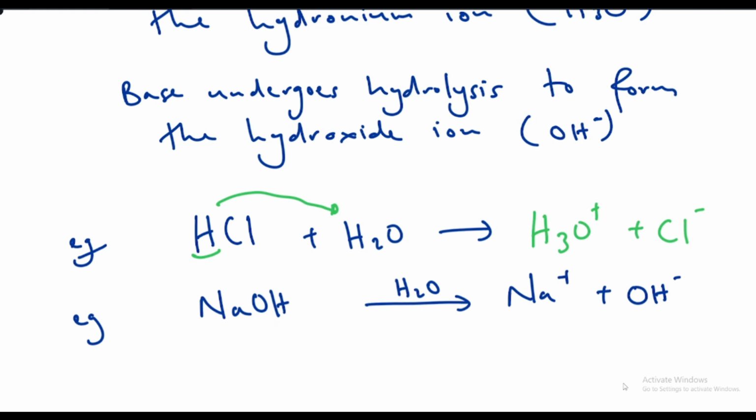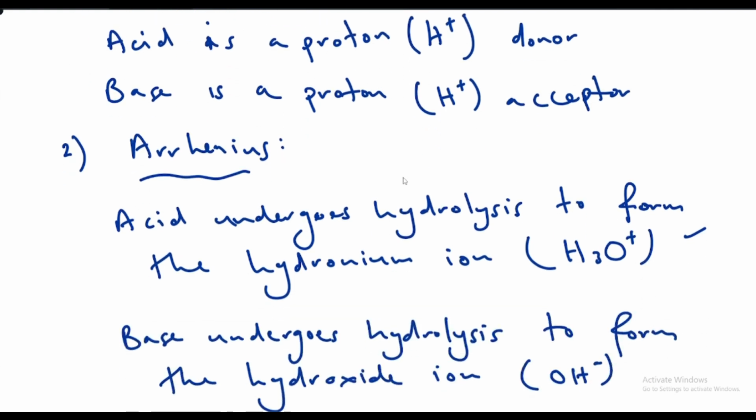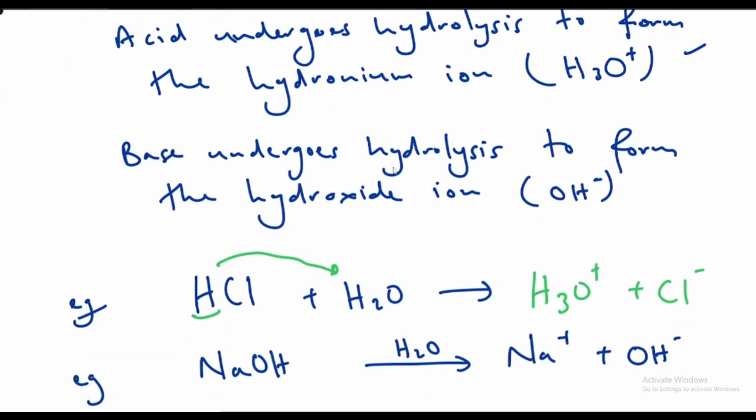You'd also notice that when I was describing this, I used the word dissociates. So this leads us to our next set of definitions, which has to do with strong and weak acids and strong and weak bases. And the words that we're going to be using there, like ionize and dissociates, we can tell the difference between what they mean based on those examples. So we've seen so far two sets of definitions: Bronsted and Lowry acid and base, Arrhenius acid and base definitions.